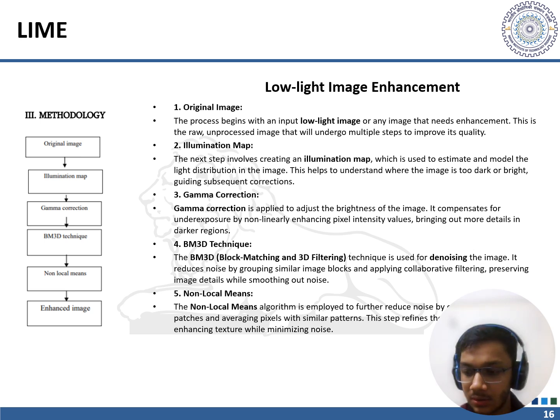Even after doing this, we use some other techniques also to reduce the noise so that the processed image is much more refined. This is a simple model to increase the brightness or say the contrast of an image. Let's now move on to the next slide.